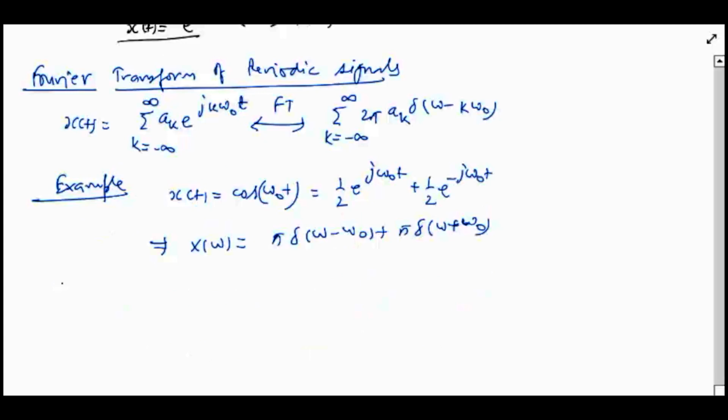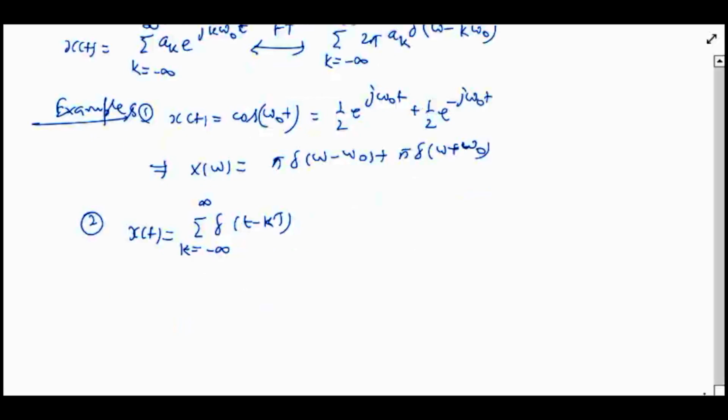Let's see another example. Suppose x(t) is an impulse train, that is, the sum from k equals minus infinity to infinity of delta(t minus kT). Okay.